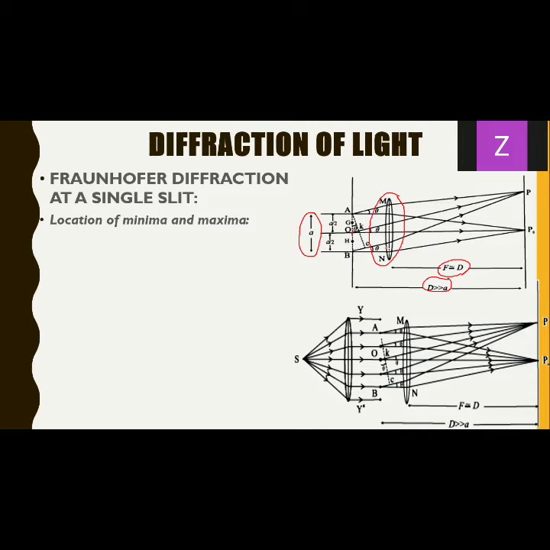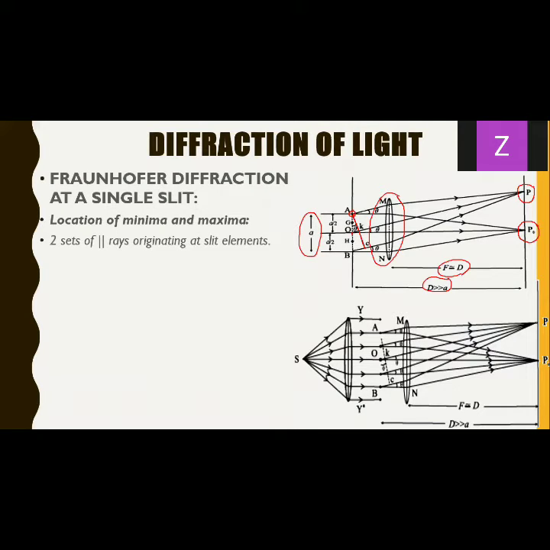One is the path which goes in a straight line, forming one point P0. Another path goes along AC at a certain angle theta, because of bending around the edge, giving us another point P on the screen. So we were understanding the locations of minima and maxima.